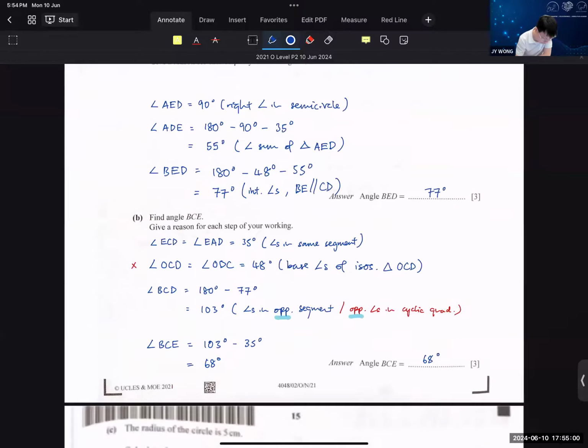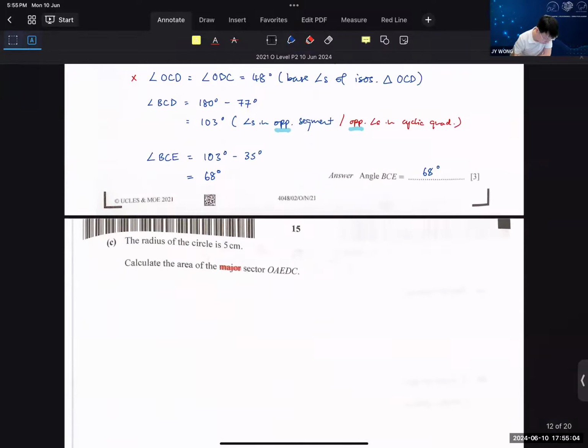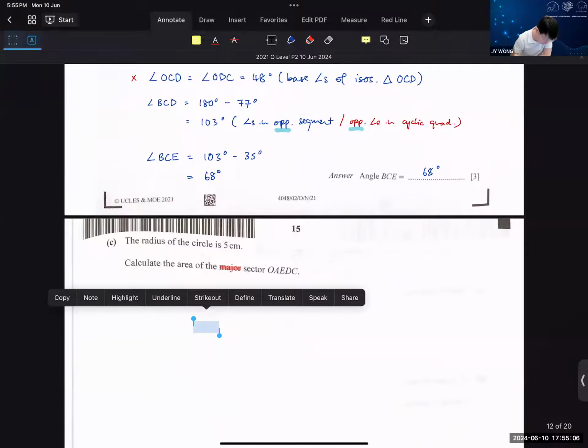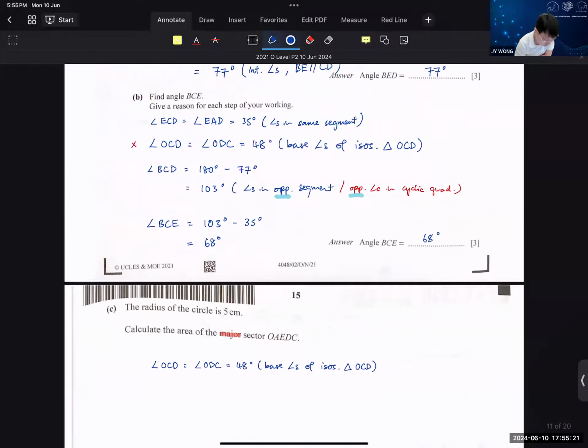So this angle extra that I found needs to be used here. So your angle OCD equals your angle ODC equals 48 degrees.